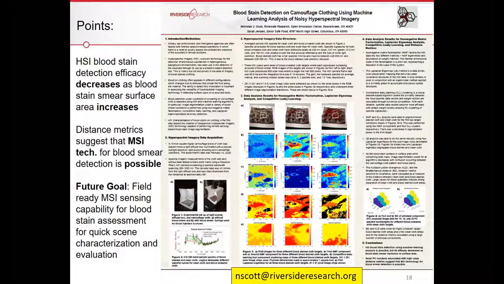Can you think of enhancements that might be added to differentiate between smears and droplets on a substrate, or detect differences in saturation of blood, volume of blood on a surface? That's a harder question. We can detect abundance, but that abundance is a two-dimensional abundance.